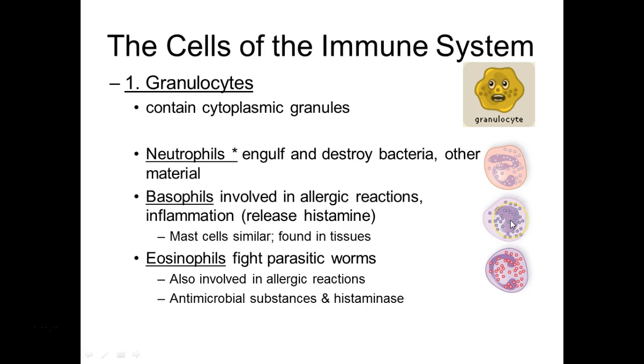And this is a problem that A&P students will run into too: under oil immersion, like 1,000 times magnified, if you look at a lymphocyte, its nucleus itself looks kind of granular, but you really got to look and see if you see the little tiny bit of light blue cytoplasm, right? Then you're looking at a lymphocyte.